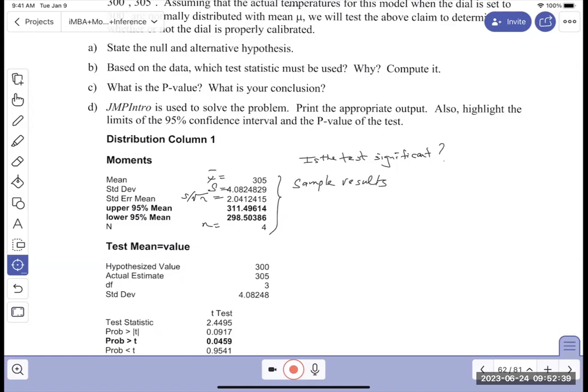No idea. You guys are busy thinking. This is X bar plus 1.96 times S over root N. It's the upper limit of the confidence interval.